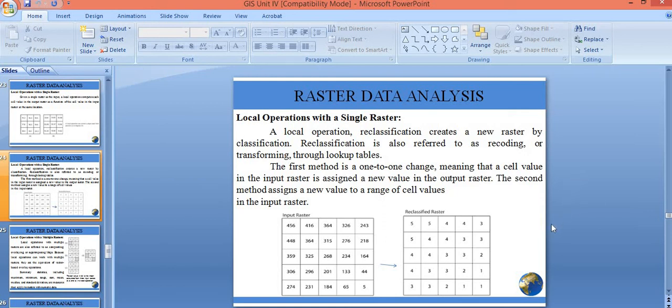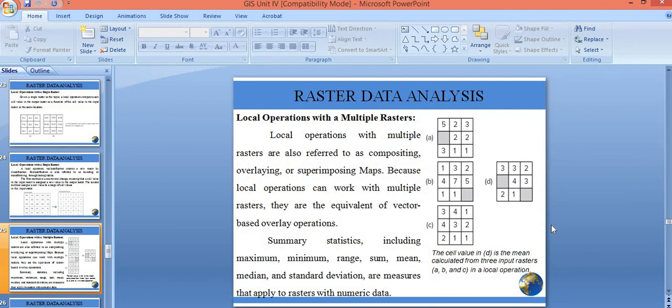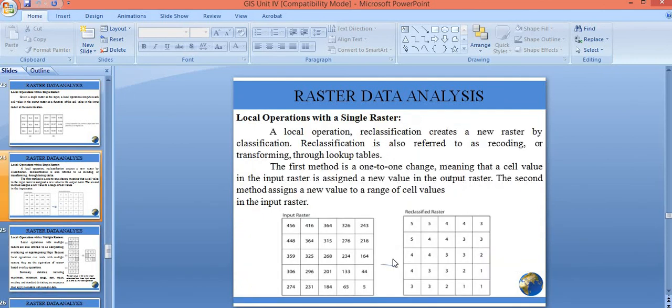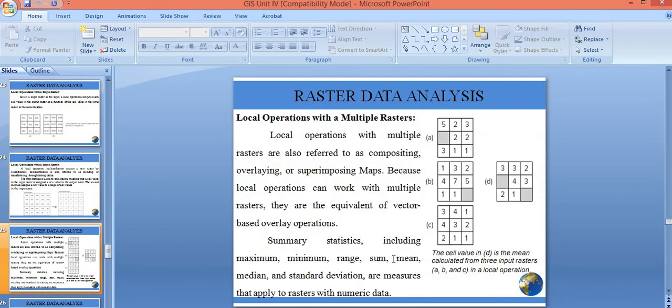So this is about local operation, and this is local operation with multiple files. Earlier we were dealing with only one raster layer, but you can also have multiple raster layers. So these are the 3 input layers and this is the output layer. Now here each cell value is computed based on the average of the values we had in the other 3 layers.